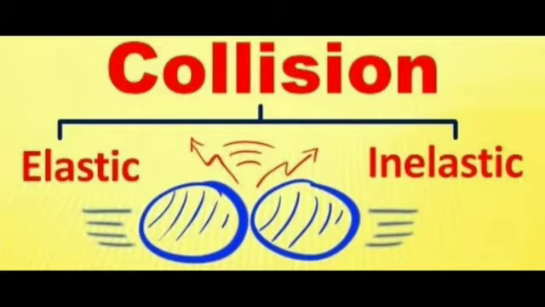Next, types of collision. Some part of the initial kinetic energy is transferred to other forms of energy in collision. The collisions are classified into elastic collision and inelastic collision. So what is elastic collision? In a collision, the total initial kinetic energy of the bodies is equal to the total final kinetic energy of the bodies after collision.